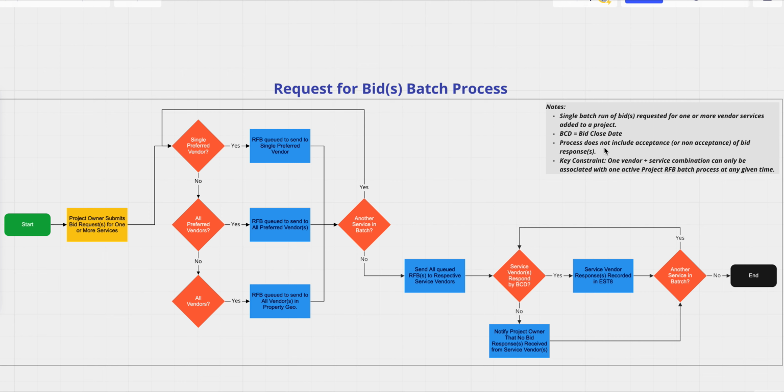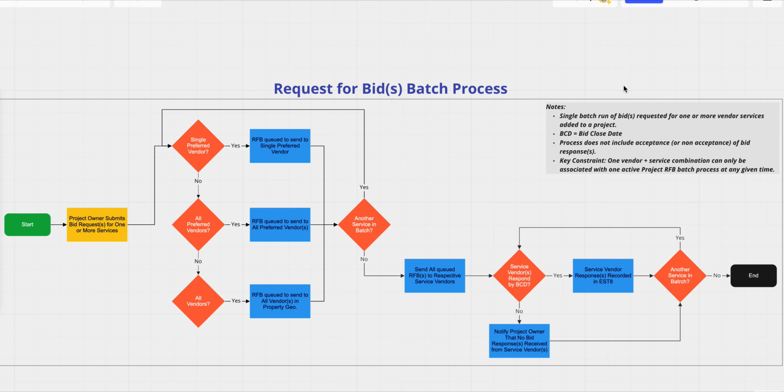This process here does not include acceptance or non-acceptance of bid responses. It just gets us to the point where the responses come in or don't come in. And one key constraint here: one vendor plus service combination can only be associated with one active project request for bid batch process at any given time. Now that is quite the mouthful.